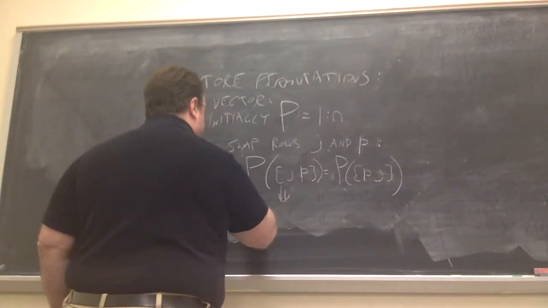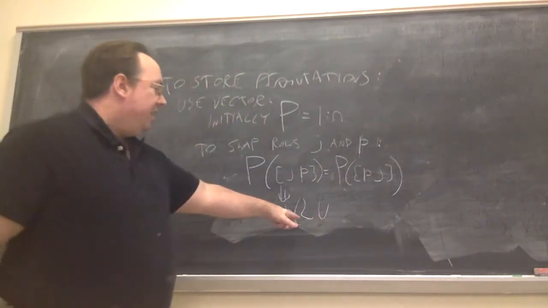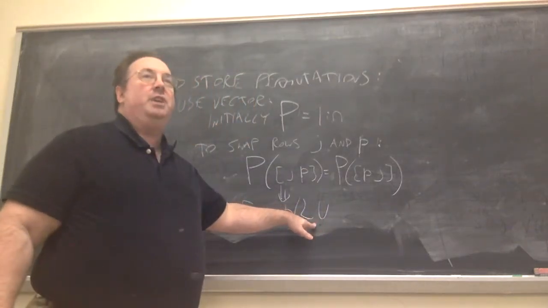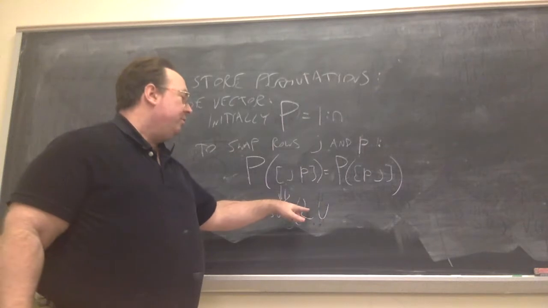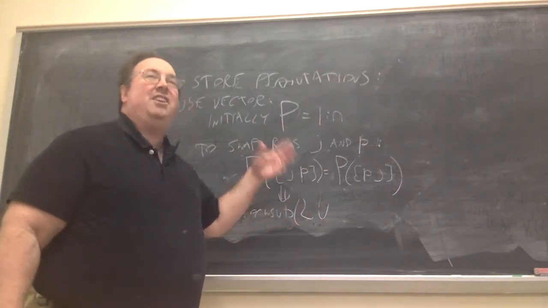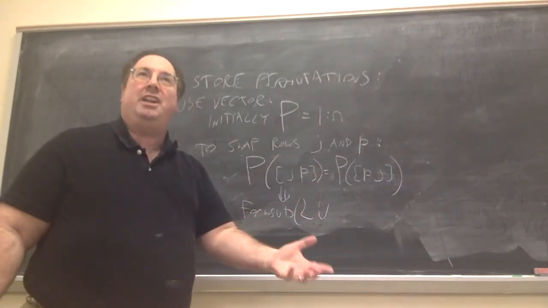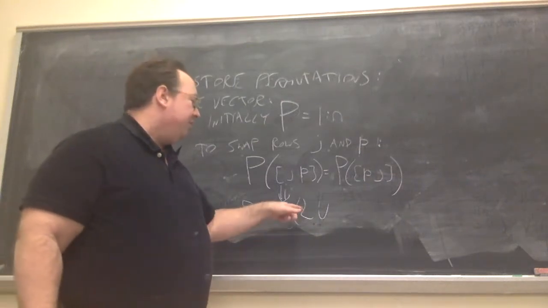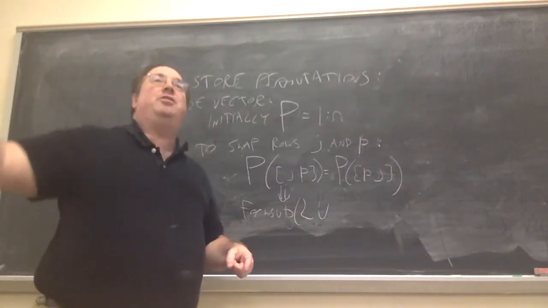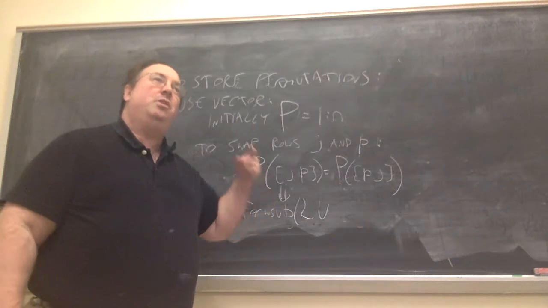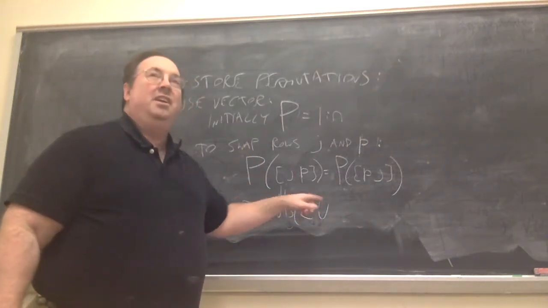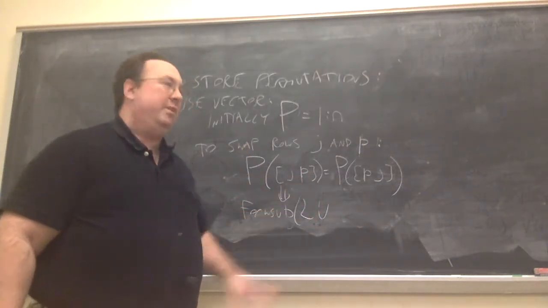Then later, when you do forward substitution, you'll have your matrix LU, because it's okay to pass all of LU even though U is in it, because forward substitution will only access the lower triangle, which has the correct elements in it. So you can pass this to forward substitution and backward substitution, because backward substitution will only access the upper triangle. So this is the only matrix you'll actually work with.